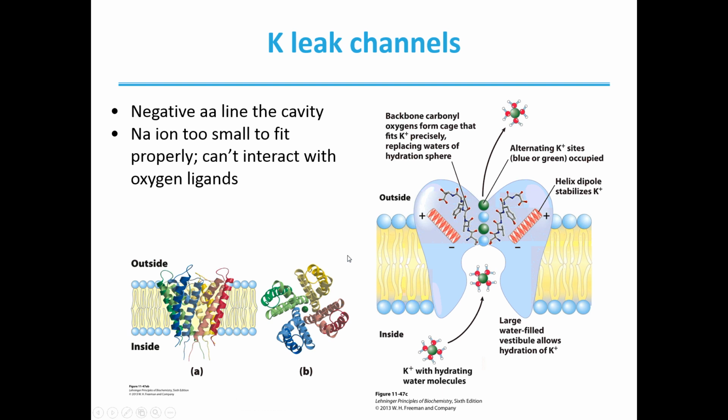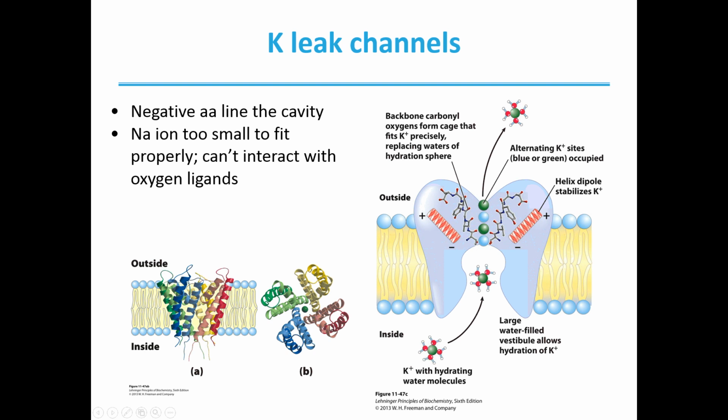Leak channels are sometimes a little bit harder for people to really wrap their head around. The way the potassium leak channel works, and I'm sure you've talked about these when you went over muscle contractions and things of that nature. This particular protein has 4 different regions, all alpha helices, that sit in the membrane to create this perfect little pore.